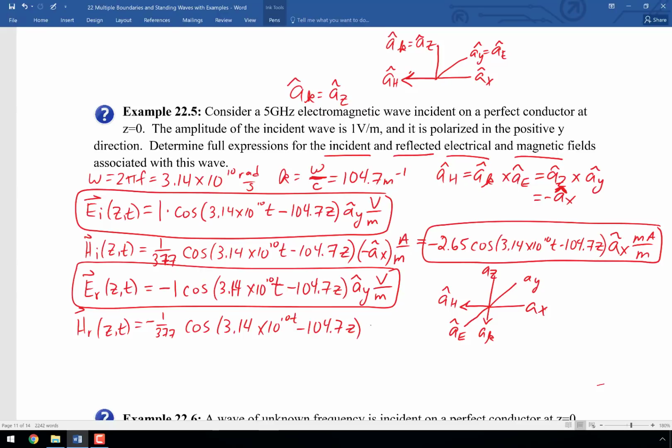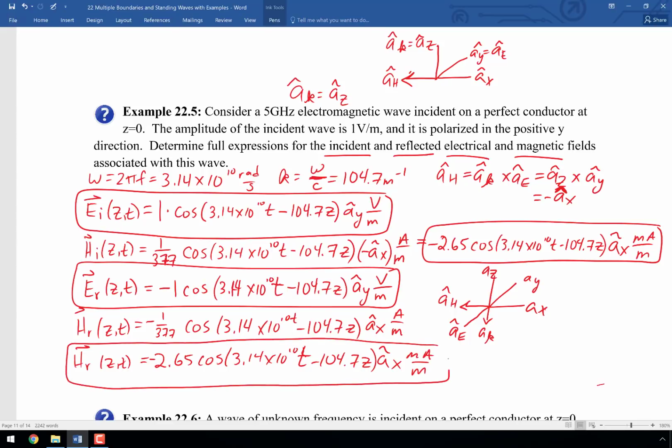I've already accounted for the negative sign there, so I'll just say a sub x, and that's in units of amps per meter. Or I can say h sub r of z comma t is equal to negative 2.65 cosine of 3.14 times 10 to the 10th t minus 104.7 z a sub x milliamps per meter.